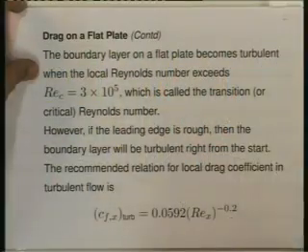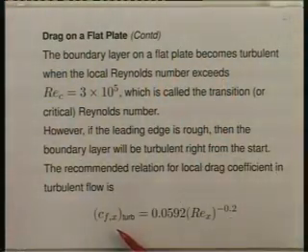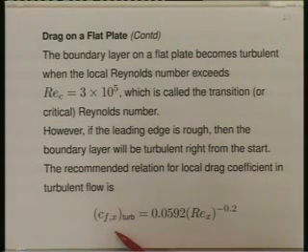For the laminar part of the boundary layer, we have these analytical solutions. But when the laminar boundary layer becomes turbulent, or for some reason we have a turbulent boundary layer, we cannot obtain an analytical solution. Experimental data indicates that whenever the flow is turbulent, the local drag coefficient is given by an expression similar to the expression for the laminar drag coefficient.